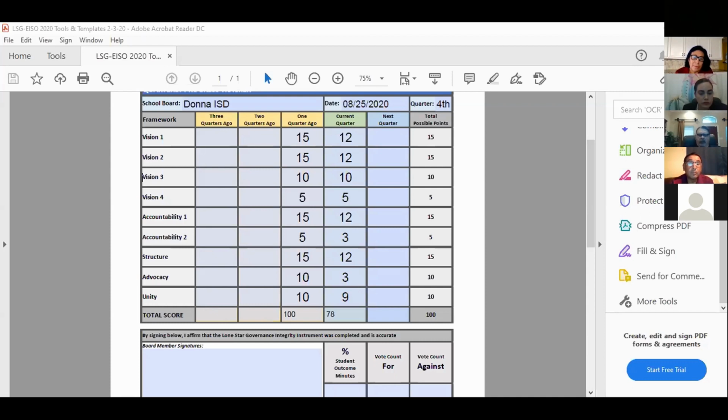Yeah, that is a great question. If you look at the manual under the structure or advocacy section, the master's focus says board potential candidates are trained prior to being seated.